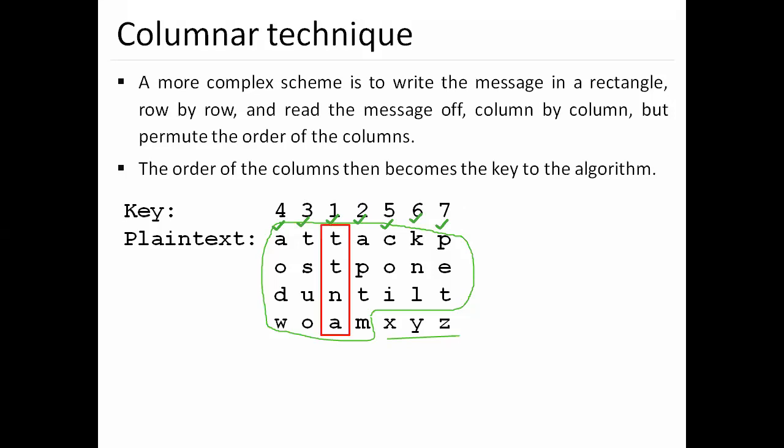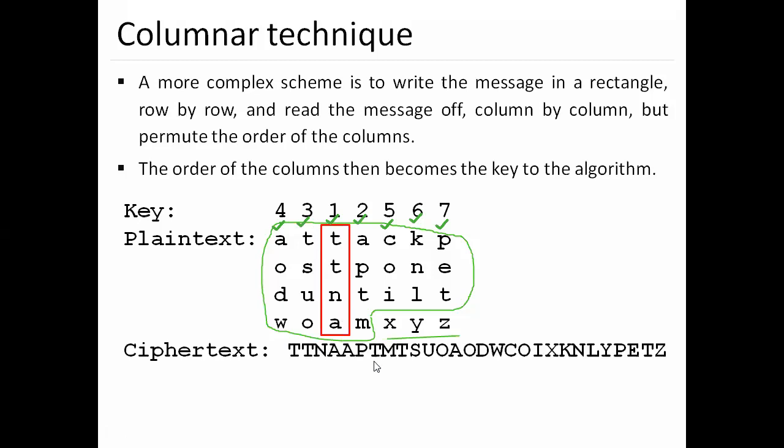Now we take the first column, ttna, then the second column, aptm, then the third column, then the fourth column, AODM.